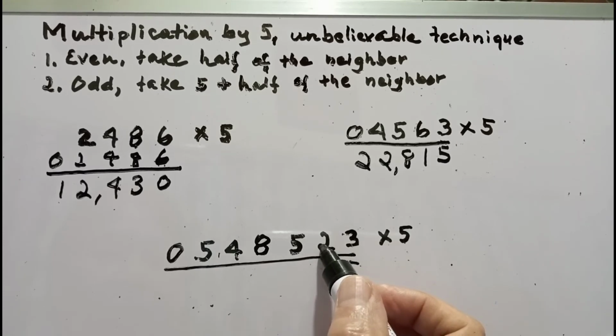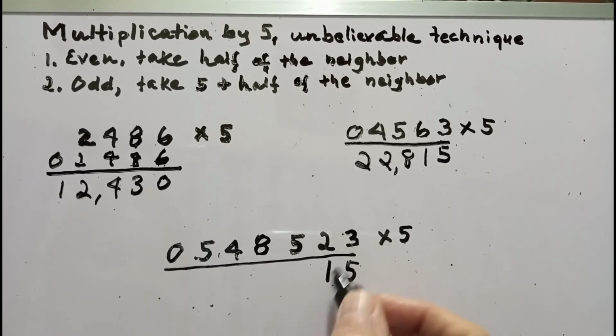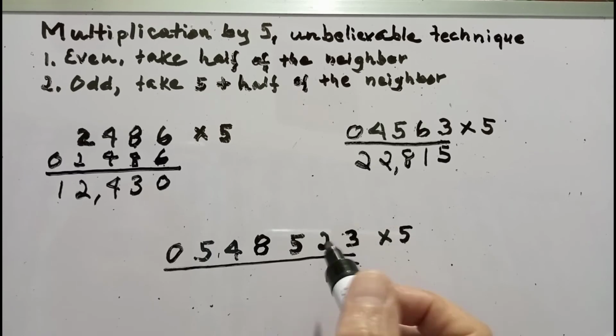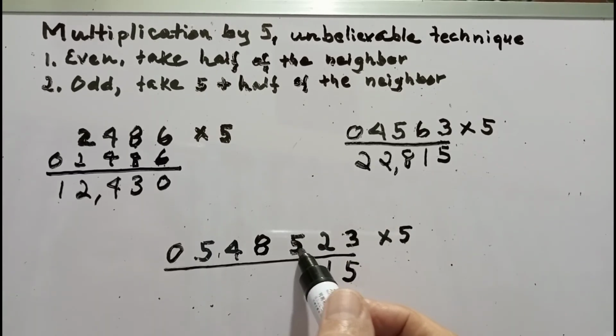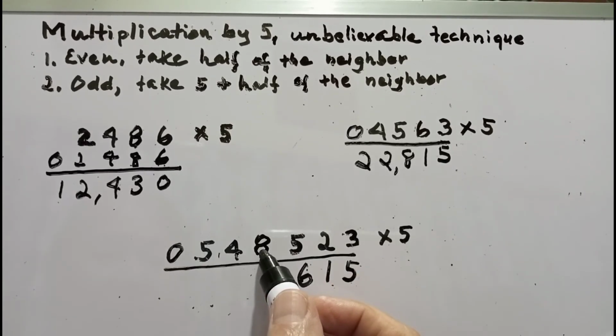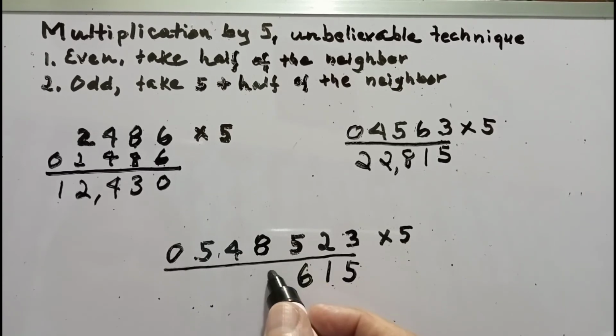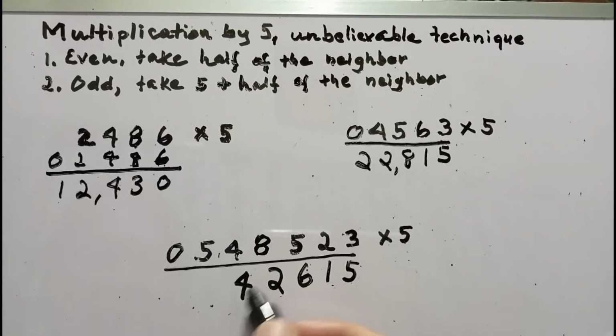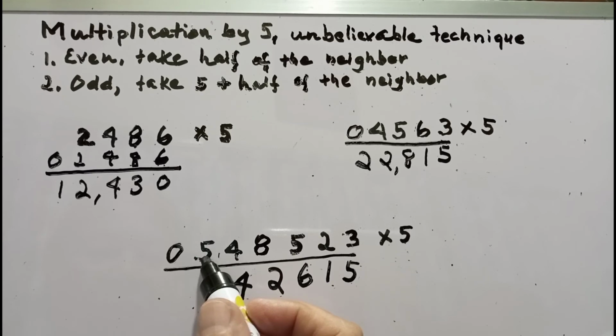2 is even, so take half of 3, which is 1. 5 is odd, so 5 plus half of 2, that would be 6. 8 is even, so take half of 5, which is 2. 4 is even, take half of 8, which is 4. 5 is odd, so 5 plus half of 4, that is 7.